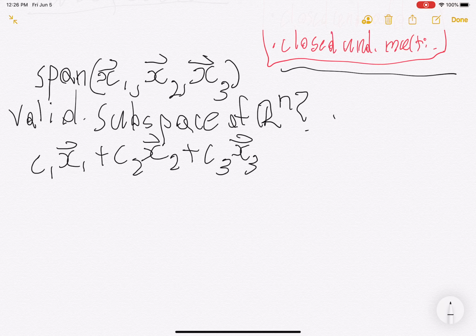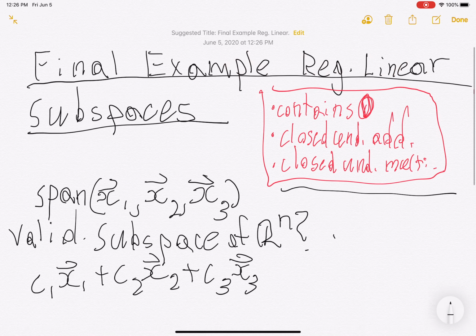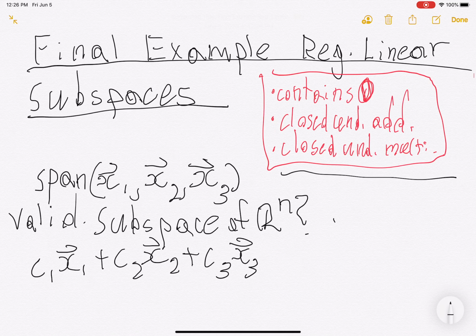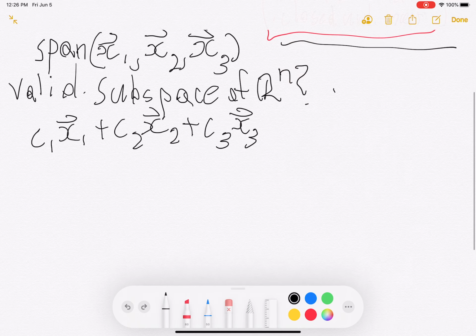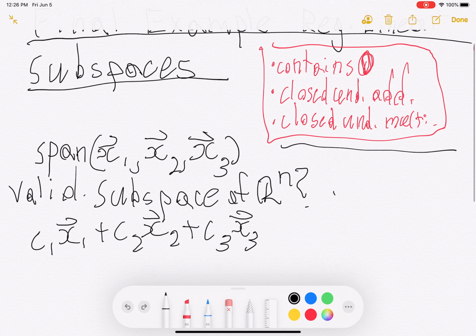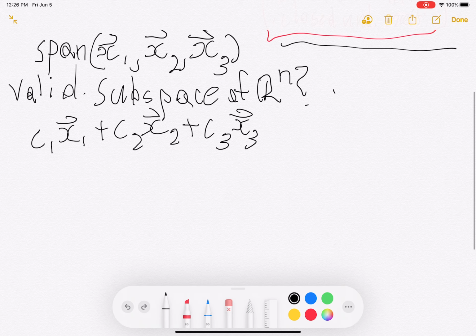Okay. So let's look at our first parameter here. Does it contain the zero vector? Well, let's see. All these c1s make up any number in the reals. We're assuming that c1, c2, and c3 are all members of the reals, right?